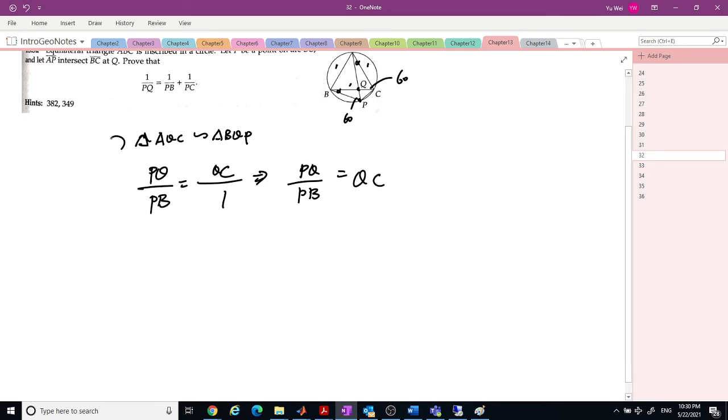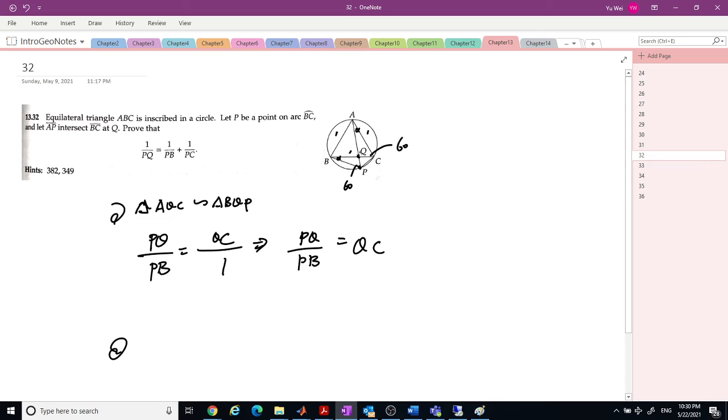The second one is we want to use PC, right? So now you can see triangle PCQ is similar to triangle BAQ.